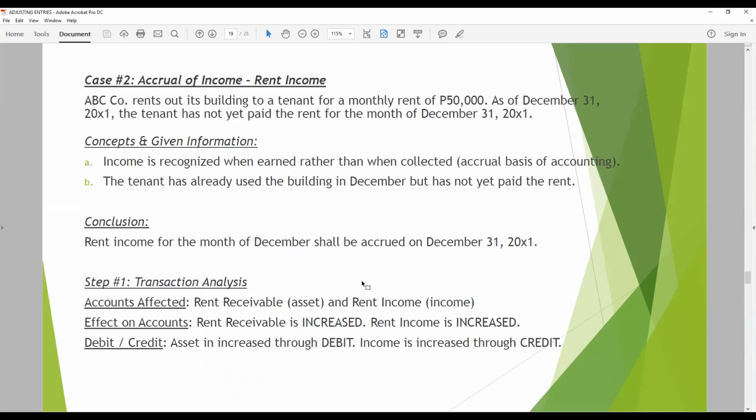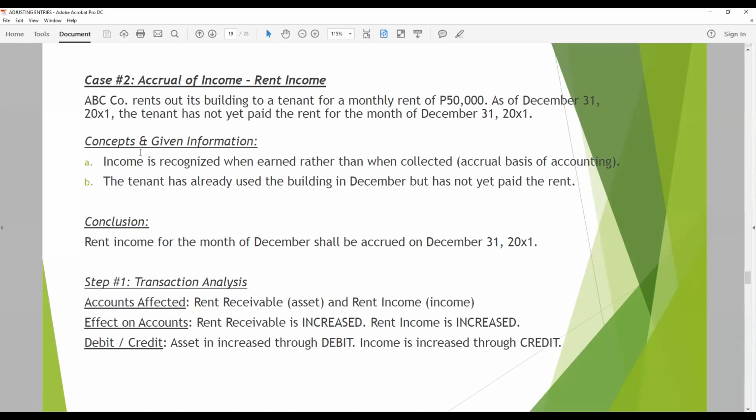Another example: ABC Company rents out its building to a tenant for a monthly rent of 50,000. As of December 31, 2021, the tenant has not yet paid the rent for the month of December 2021.